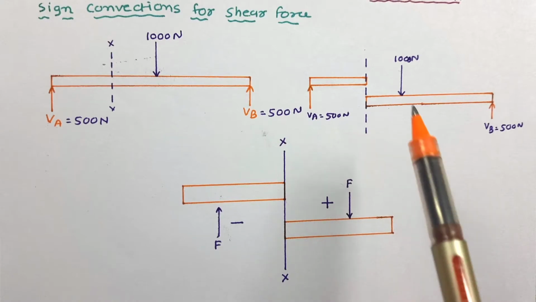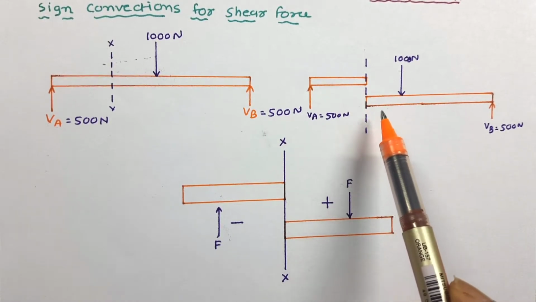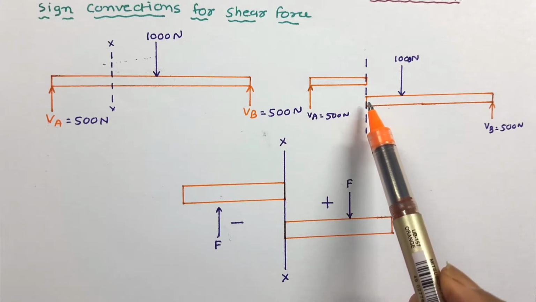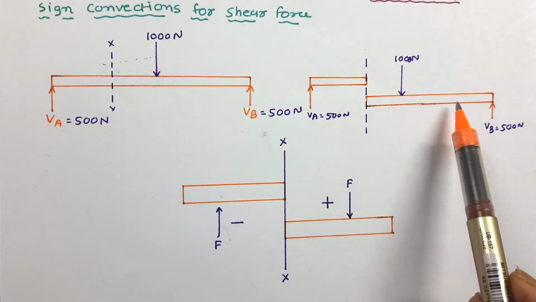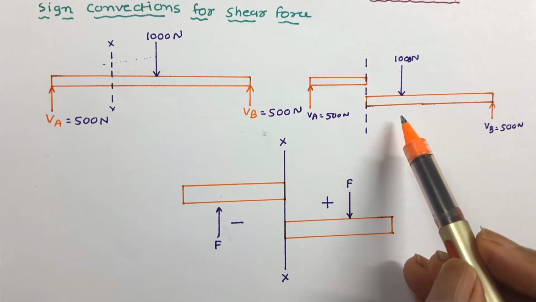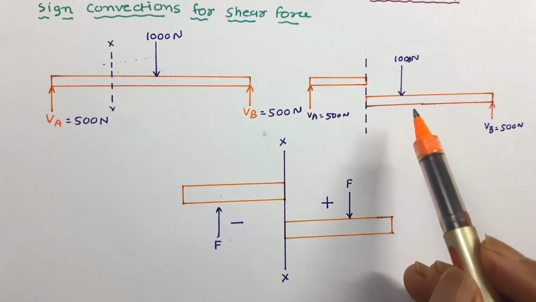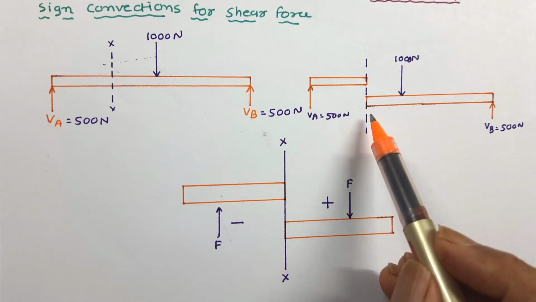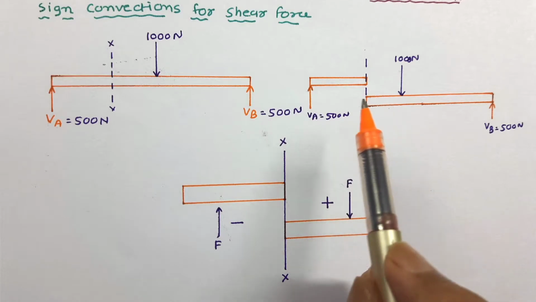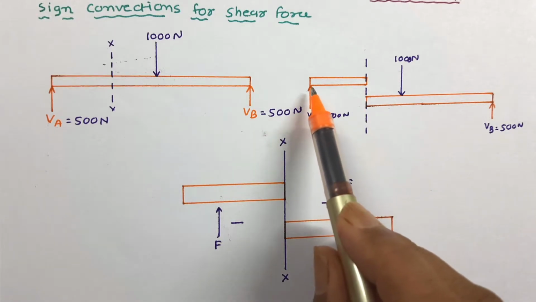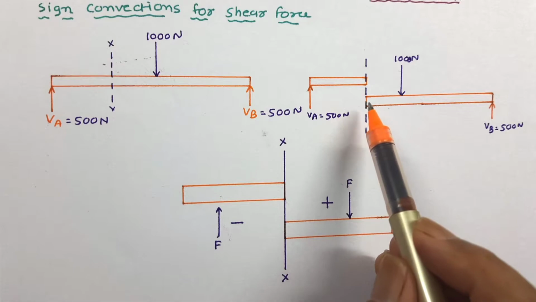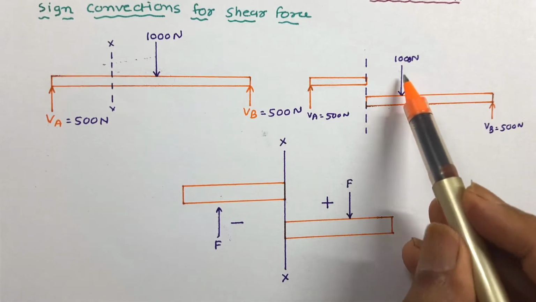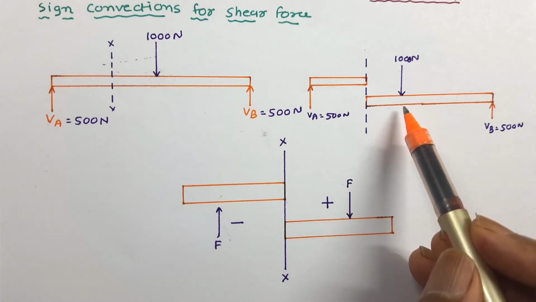So due to that, the beam is subjected to this kind of shear force, and if it fails, it will be like this. So the shear force at the section will be considered positive when the resultant of forces acting on the left side of the section is upward in nature, or the resultant force acting on the right hand side is downward in nature.